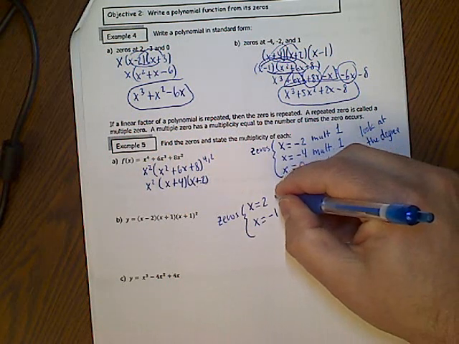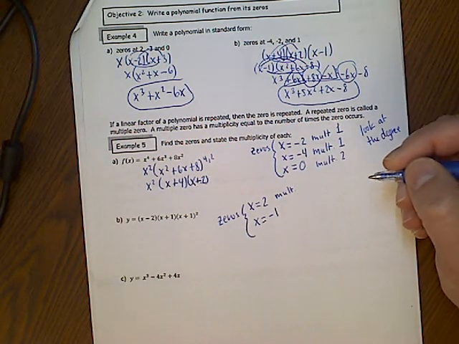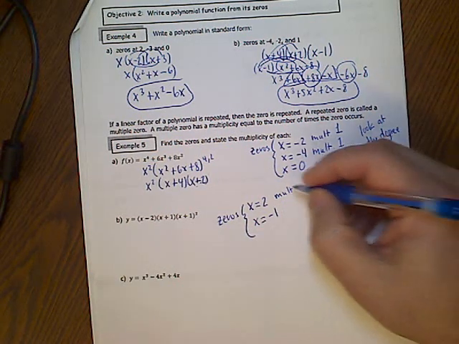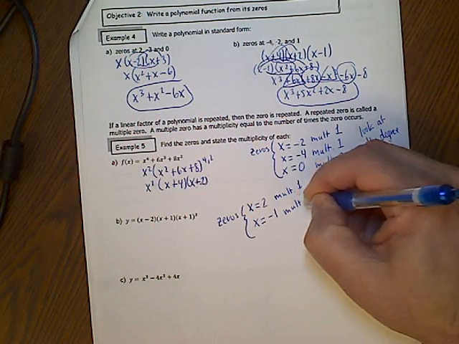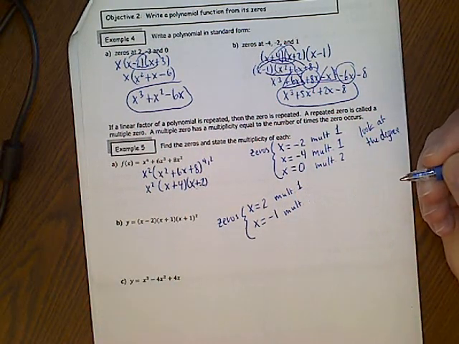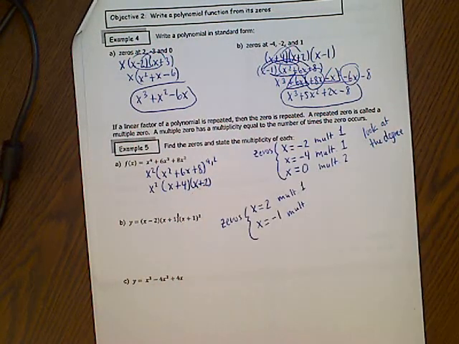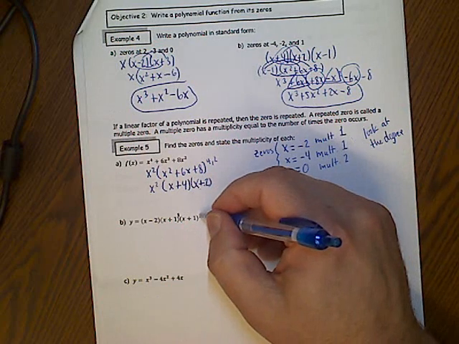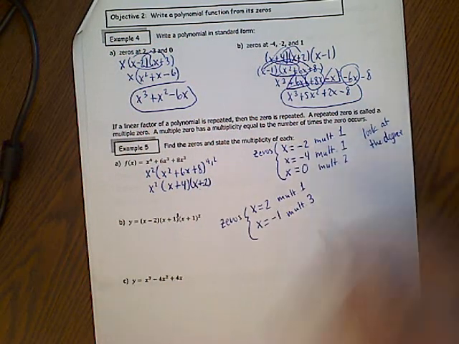What's the multiplicity of the x equals 2 factor? 1. What's the multiplicity of the x equals -1 factor? 2 plus 1. There's 3 of them actually. This has 2 of them, but that has 1 of them. So this thing has a multiplicity of 3.